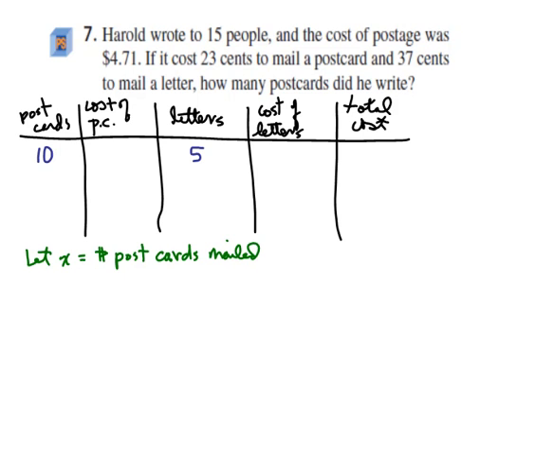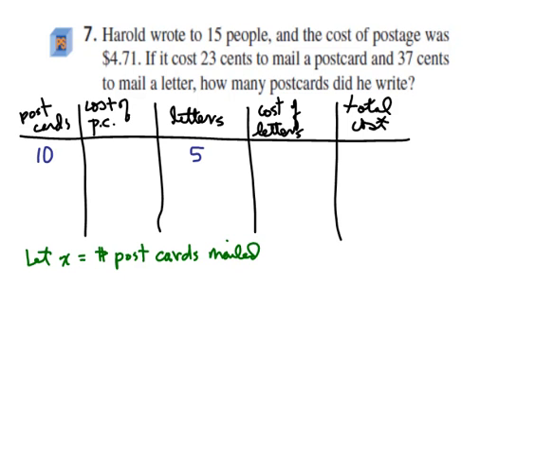Since I know that there were a total of 15 pieces of mail sent, if there were 8 postcards, there has to be 15 minus 8, or there would be 7 letters.